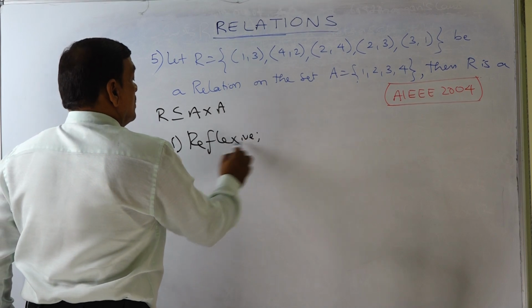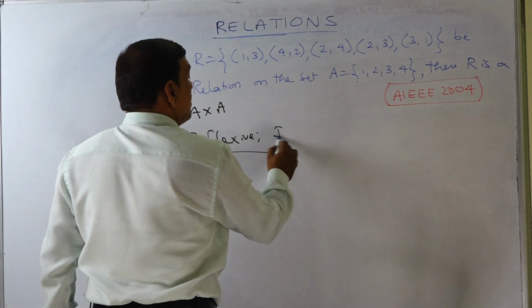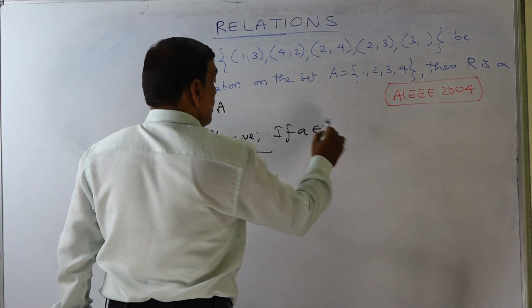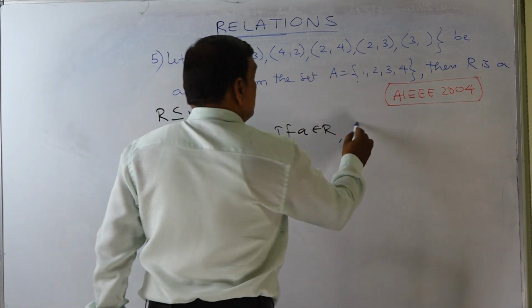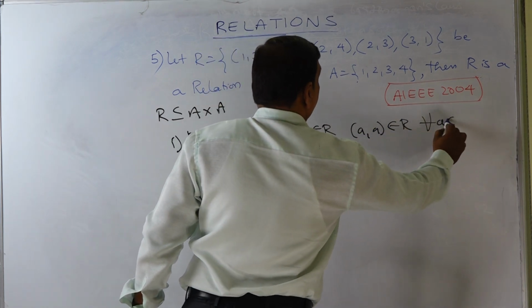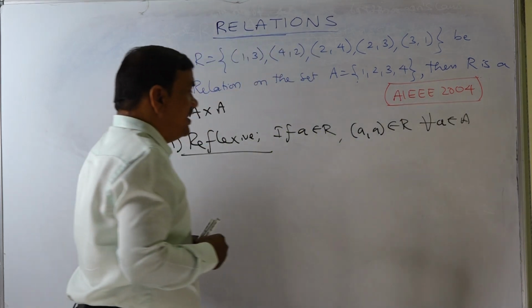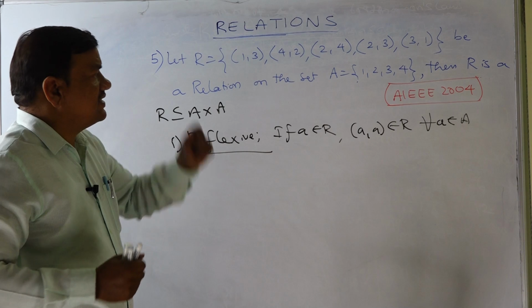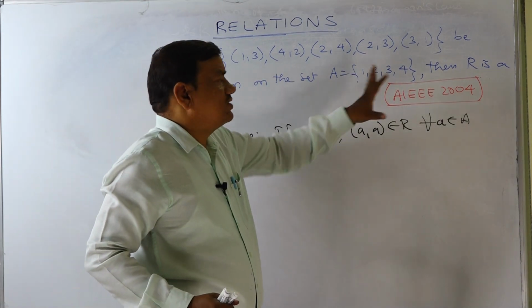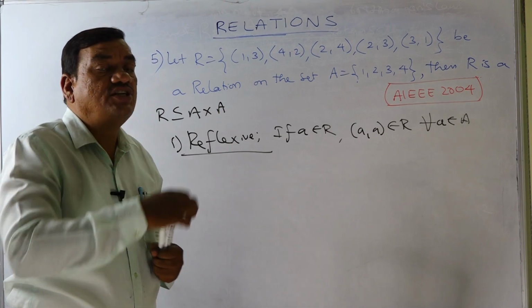relation. Right. What is the reflexive relation definition? If A comma B belongs to R, then A comma A should belong to R for all A belongs to capital A. See here, whatever may be the set, it contains elements 1, 2, 3, 4. For every number, the relation should satisfy.